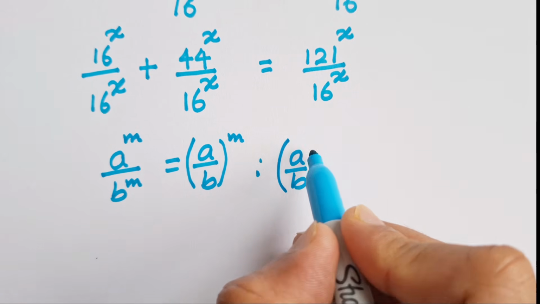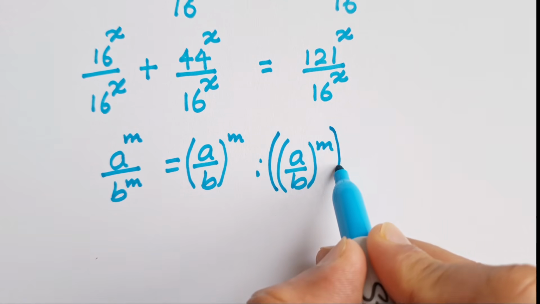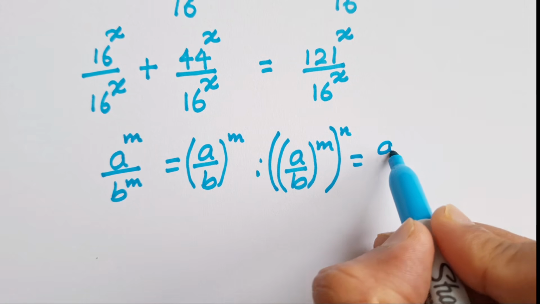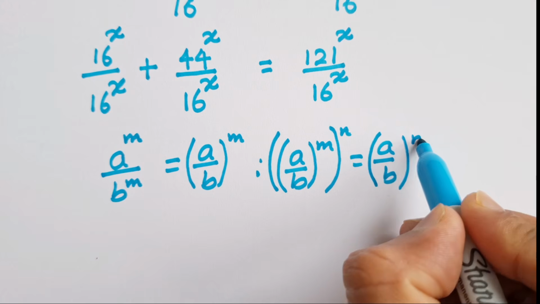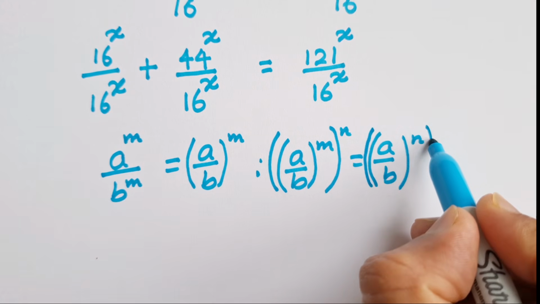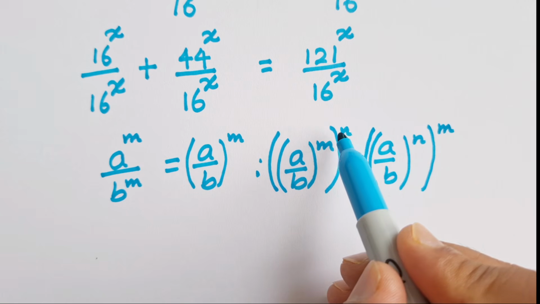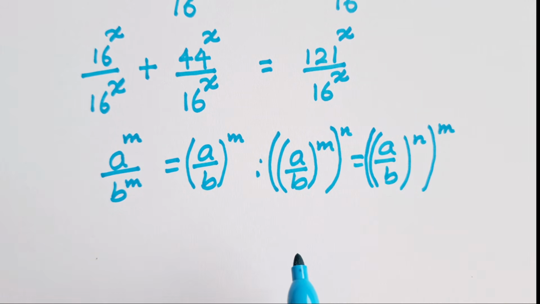And also we know that a over b whole to the power of m, then again whole to the power of n is equal to a over b whole to the power of n raised whole to the power of m. This m and n can be switched without any problem.